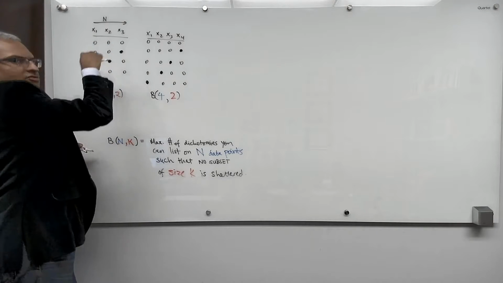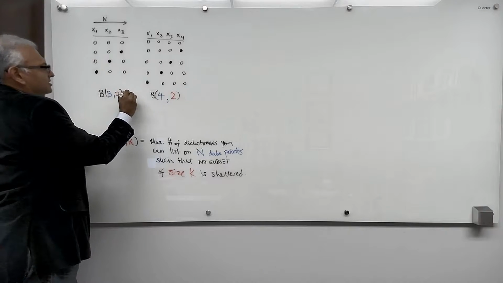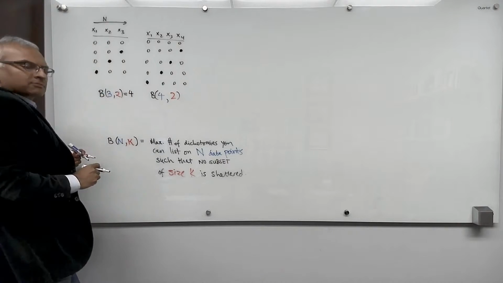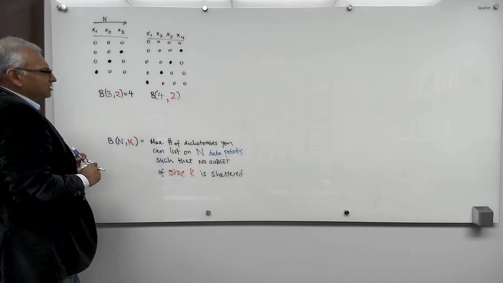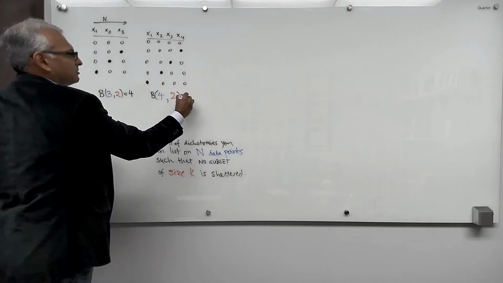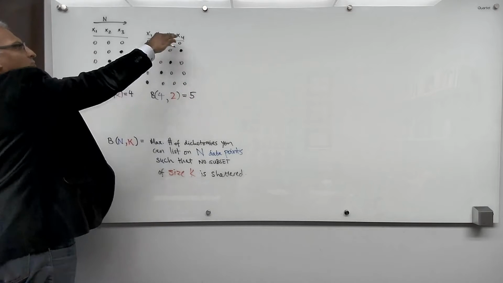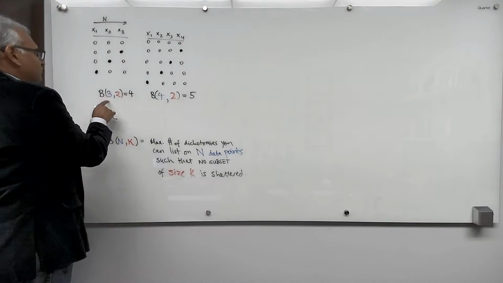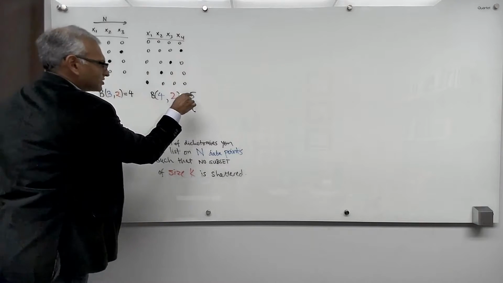Since 4 is the maximum, this is the maximum list that you can construct on 3 data points which does not shatter any pair, and this is the maximum list you can construct on 4 data points, so you don't shatter any pair. So B of 3, 2 is 4, B of 4, 2 is 5.